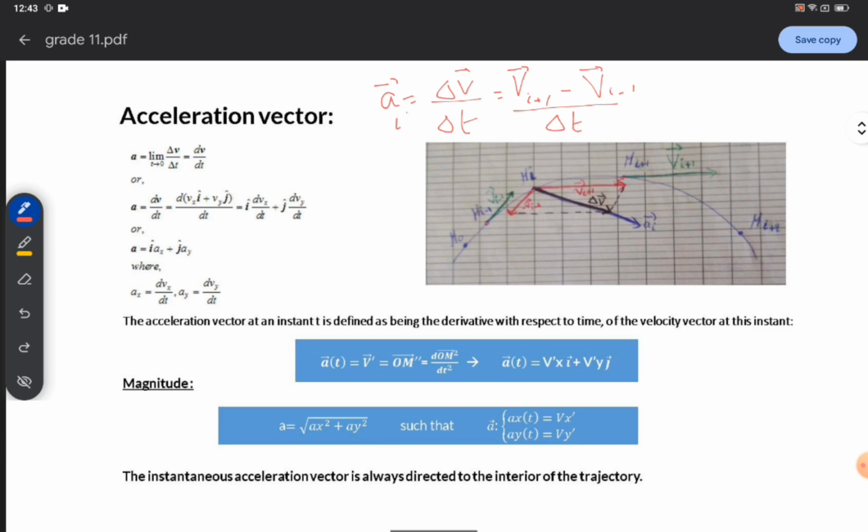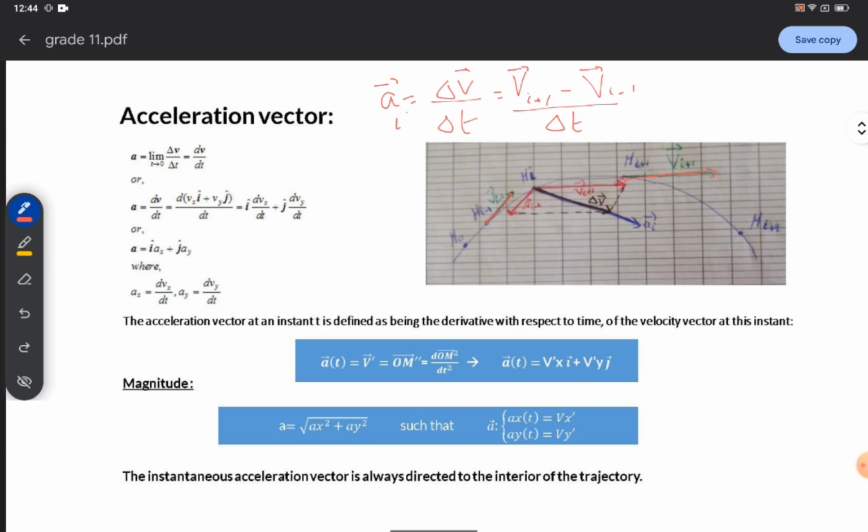First, we represent the instantaneous velocity at Mi plus 1. The instantaneous velocity vi plus 1 is tangent to the curve and with the motion. So this is vi plus 1. And vi minus 1 must be tangent to the trajectory and with the motion. So this is vi minus 1.